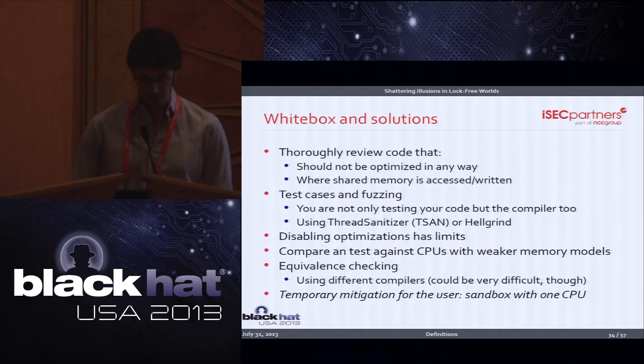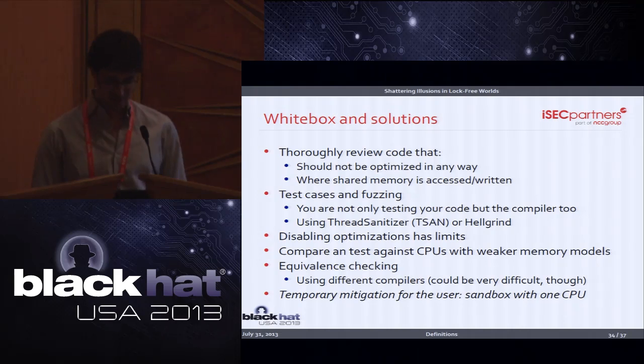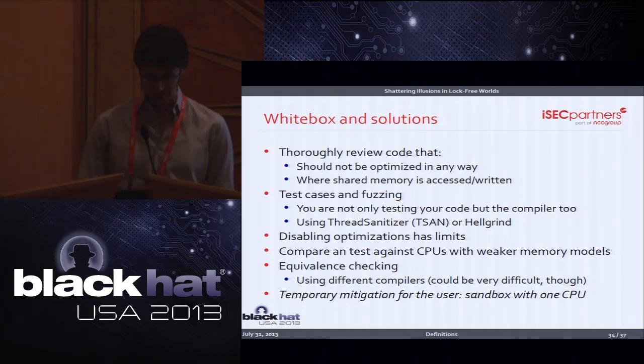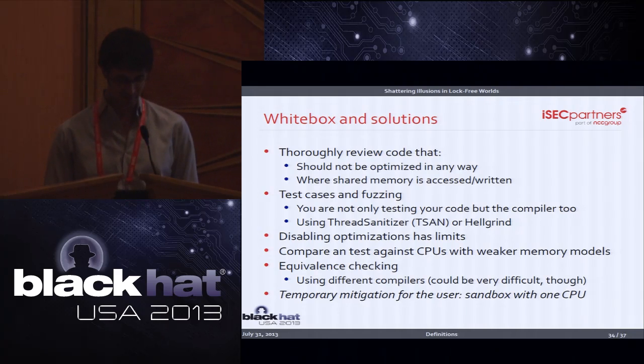You could also do equivalence checking using different compilers, but it could be pretty difficult as you need to know which generated code is supposed to be correct. Testing with CPUs with weaker memory models can be good as well. You could cross-compile for Itanium, for instance, which is a weakly ordered CPU, and see if the code still works fine.